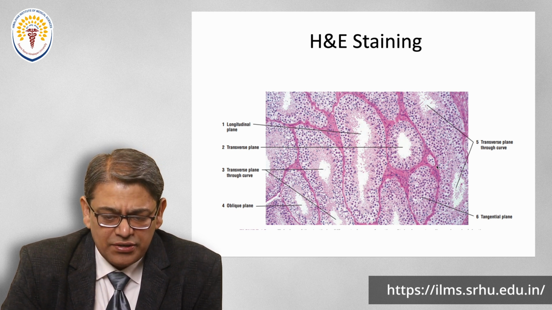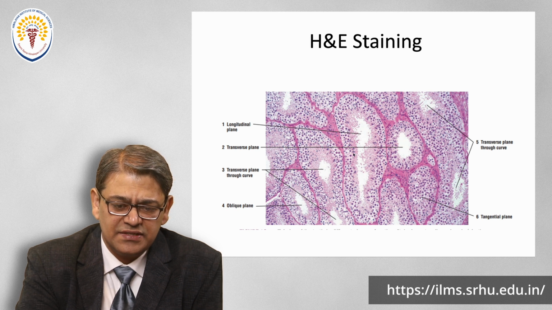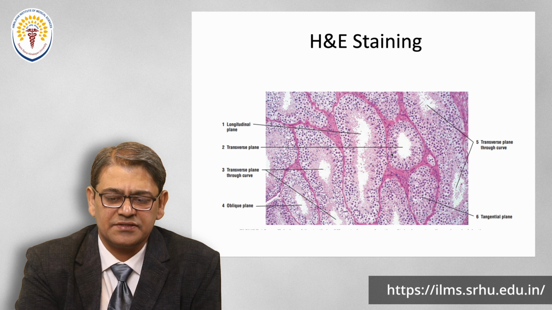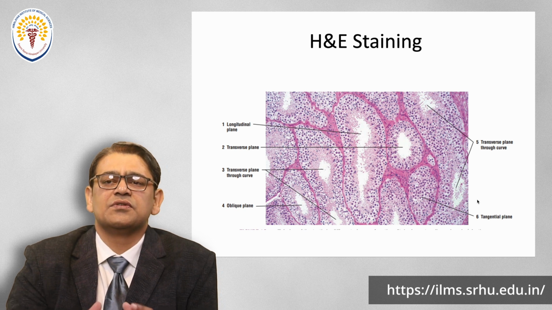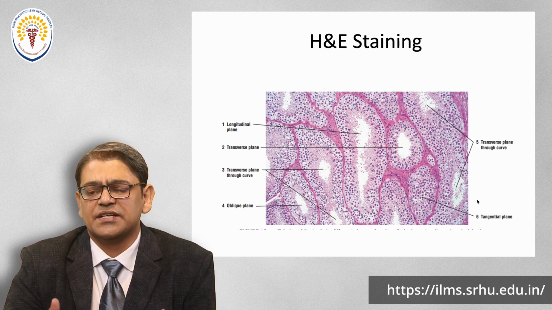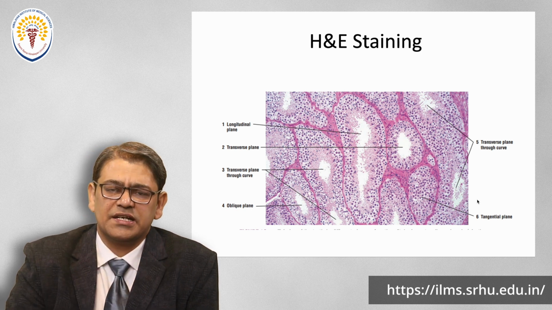There is another important thing which is visible here. In this structure we see that this is the longitudinal plane, then this is the transverse plane, this is again a transverse plane. Here we see this is the oblique plane. So as you go into histology, you will have an idea how tissues are arranged, because one tissue is not in one plane.